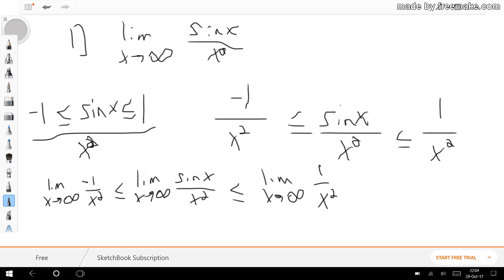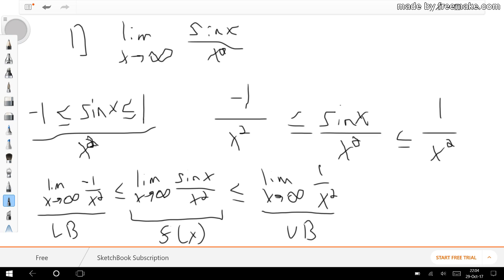Don't be like me. Anyways, so now we have our squeeze theorem set up where this is our upper bound, which I'm just going to label as UB, and this is our lower bound. Now, what we do is, because we can't figure out what the limit of our actual f of x is, we figure out what the limit of those other two values are.